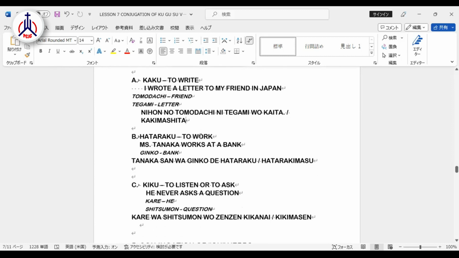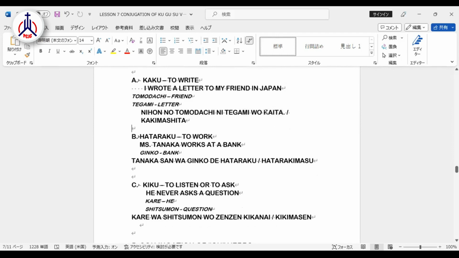If you're going to conjugate this, I wrote a letter, it means it is already past. Right? Wrote a letter, past. So, in Japanese, it would be Nihon no tomodachi ni tegami wo kaita.